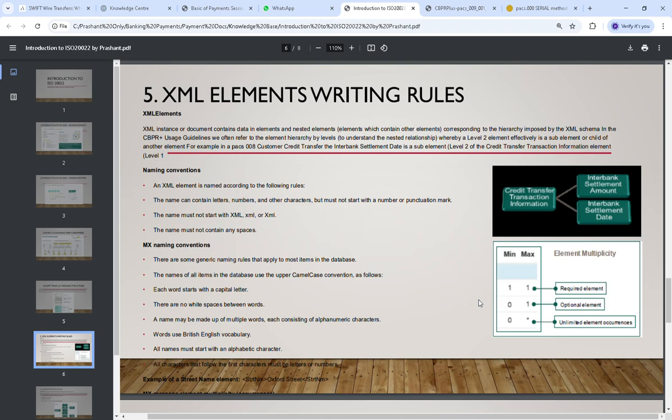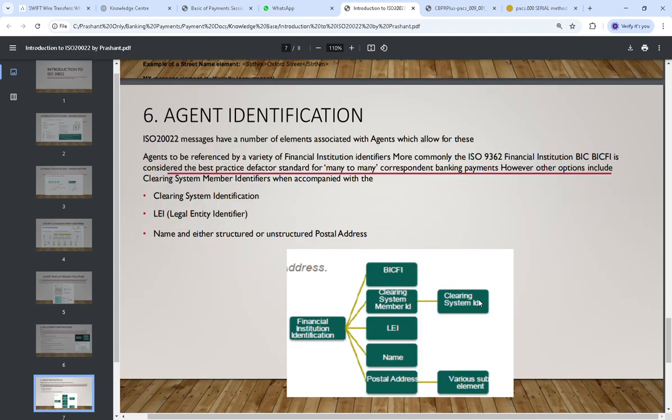Whatever MT we have listened to, understood and thought about, that is history. But unless we know the history, we cannot understand these ISO messages. That's why we learned that first, and now we are moving to ISO messages. Okay.